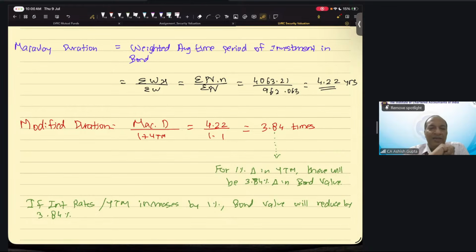In young age, a person may have a higher risk appetite, and that's why they can go for equity. Whereas as age passes and they come near retirement age, they start preferring a safer income.